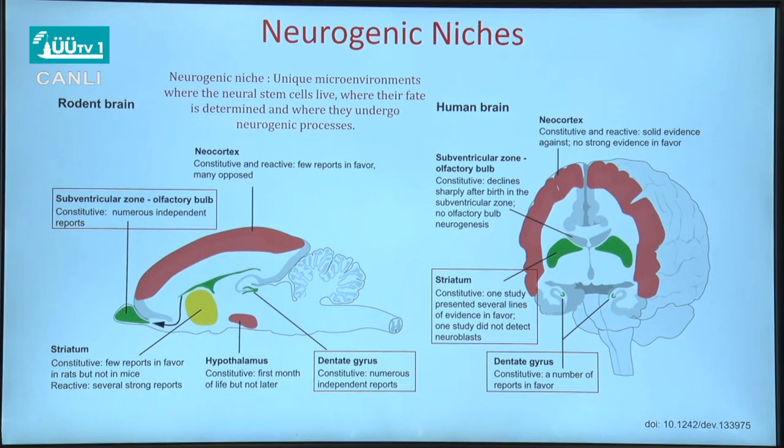The next place we can see is, as we saw, the subventricular zone. Subventricular zone neurogenesis is actually quite pronounced in the rodent brain. However, when we look into the human brain, we see that it's almost diminished. The main reason is thought to be functional.